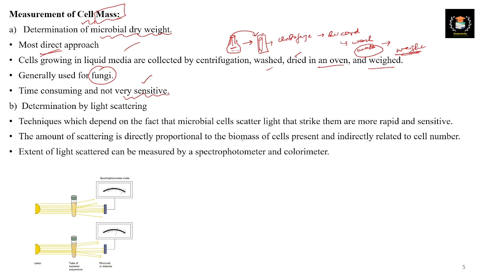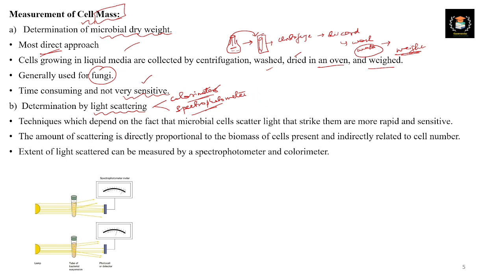So another technique which is mostly very reliable is determination using light scattering, and this is done using colorimeters or spectrophotometers. You might have heard about these. These are mostly used for measuring the bacterial or microbial mass.